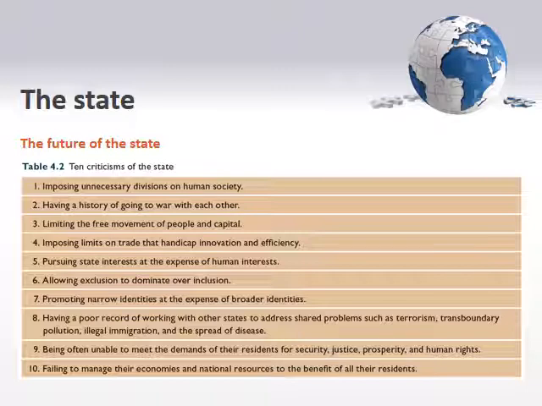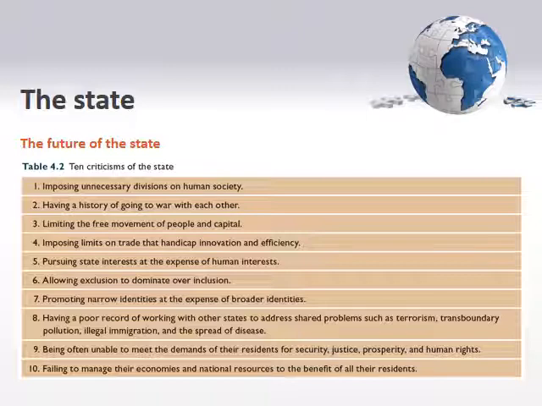In one sense, they make us more tribal, right? We're more likely to get into war with each other, and the powers of the state make total war more likely: a whole population going to war against another entire population. States put up borders. They make it more difficult to trade, more difficult for people to move around, and that handicaps efficiency and innovation when people are limited in that way.